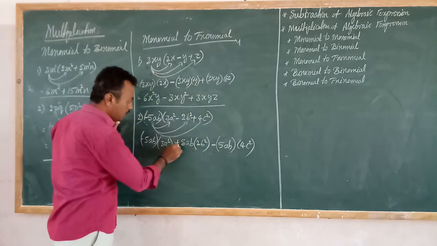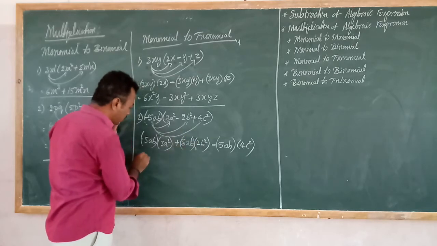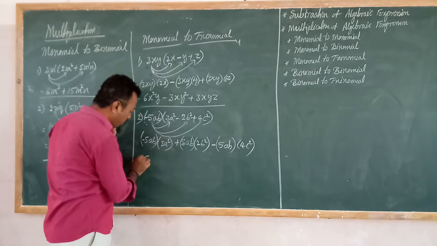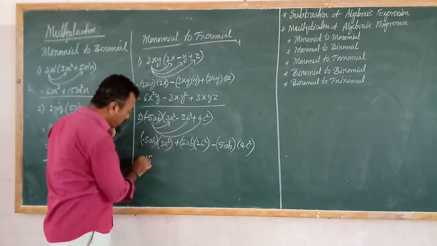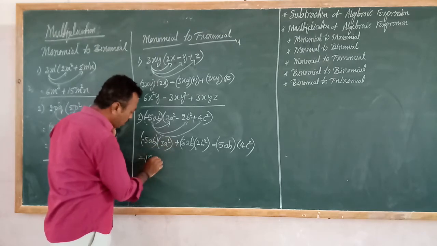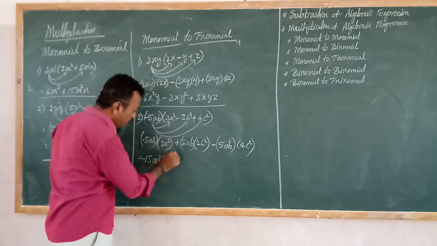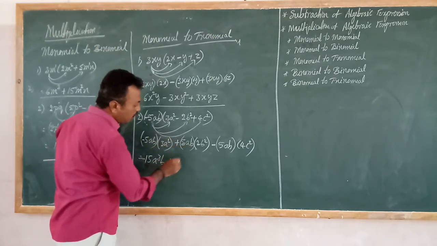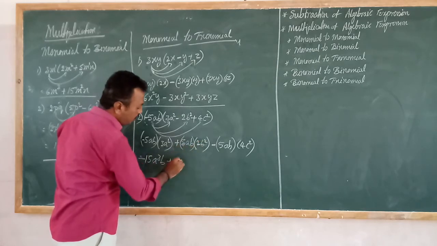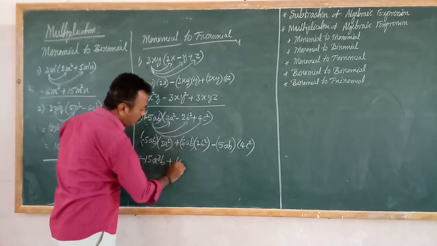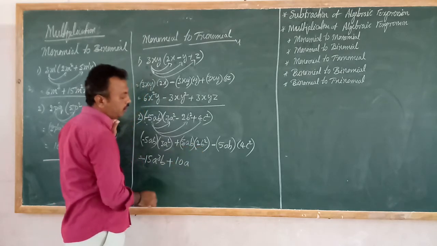Okay, next. So here minus is there, we should write only minus. Minus 5 3s are 15. Minus 15. A into a square, a cube into b. So plus only is there. So 5ab into 2b square. So therefore 5 2s are 10. A into only one term is there, so we have to write one time only.